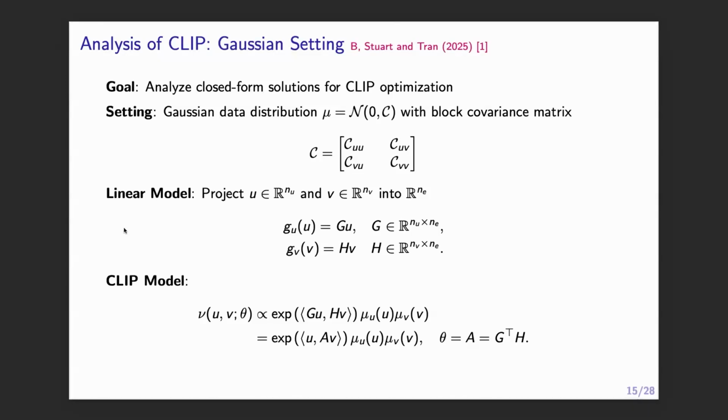So what we're going to look at is what exactly we learn about this matrix A when we minimize the loss that appears in contrastive learning.